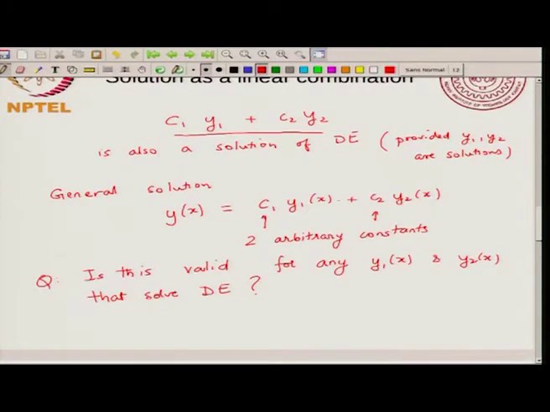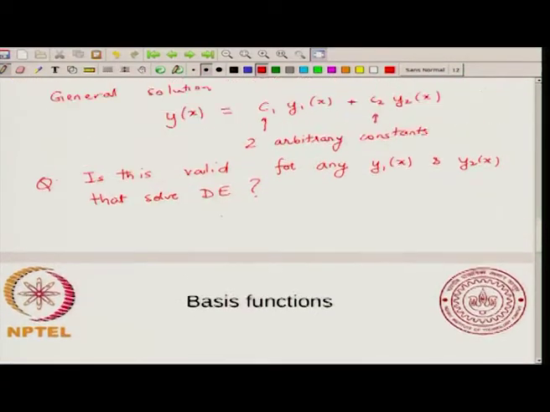So you can take any two solutions, you can take a linear combination, you will get a solution. But in order for this to be a general solution, the important thing is that y1 and y2 should be linearly independent.